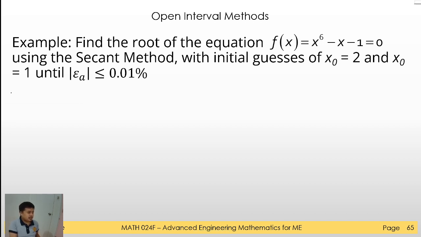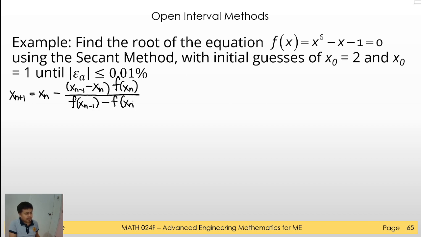So remember first, the iteration function is x sub n plus 1 is equal to x sub n minus, we have x sub n minus 1 minus x sub n, and then we have f of x sub n over, we have f of x sub n minus 1 minus f of x sub n.